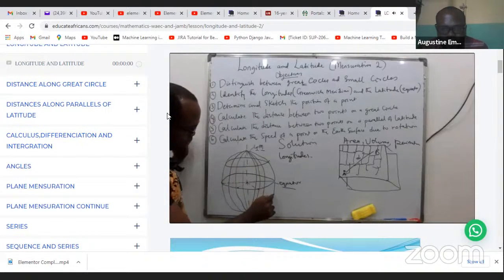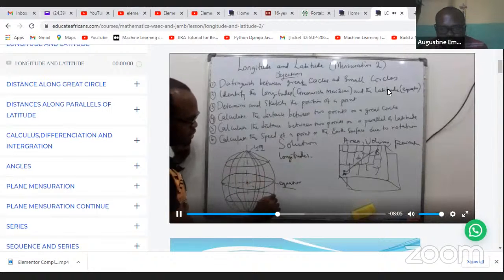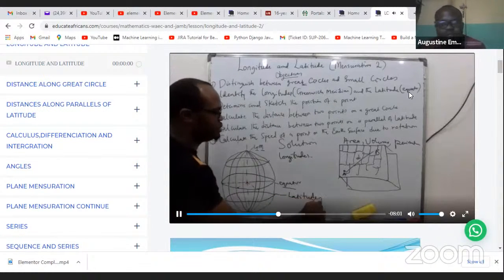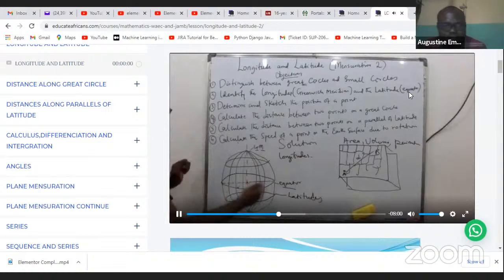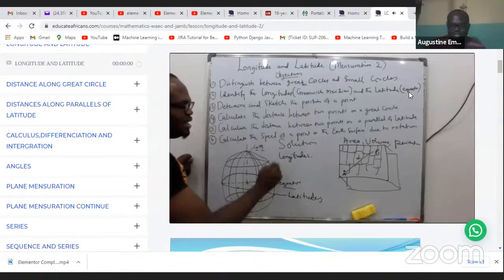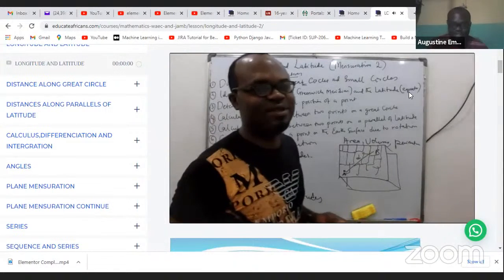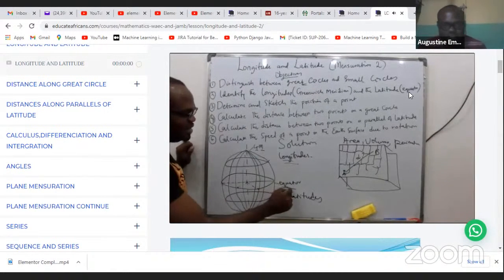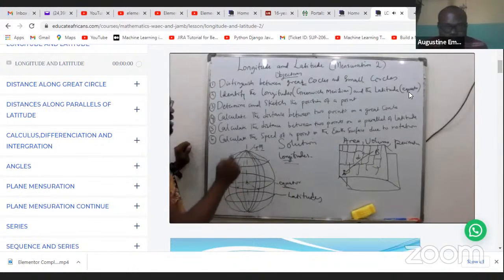Then the horizontal circles are known as the latitudes, and the most important of them all is the equator, which is the reference point. So now you know the latitude, the longitude, and the reference points. Very important. That's point 2 in this class.